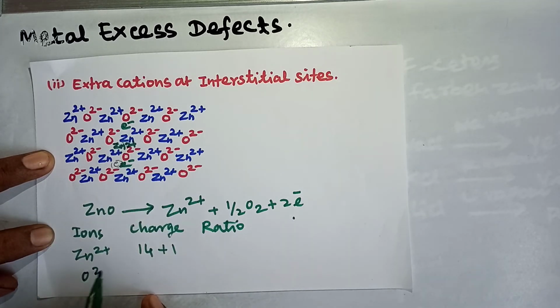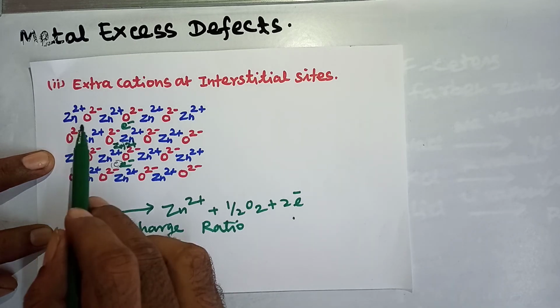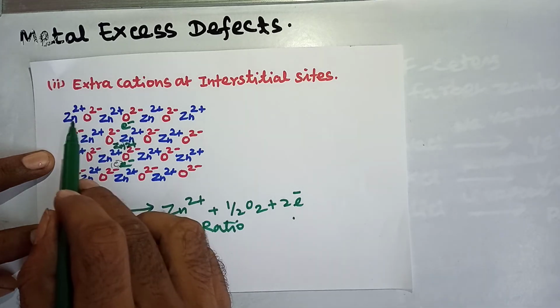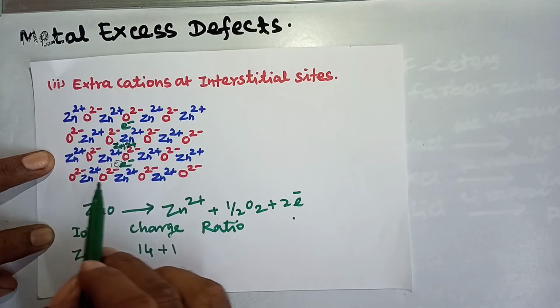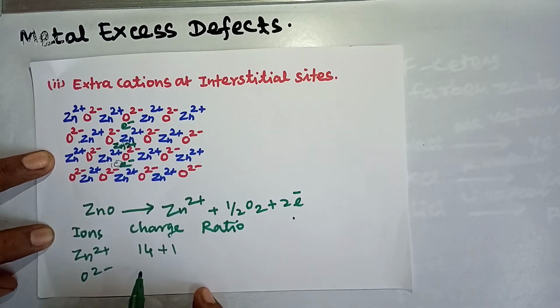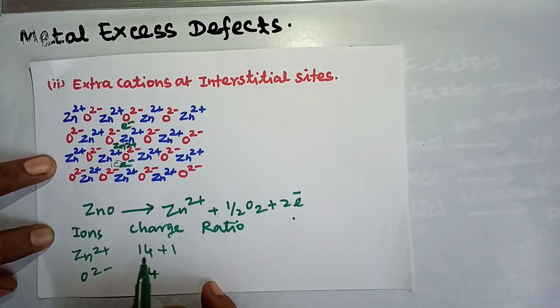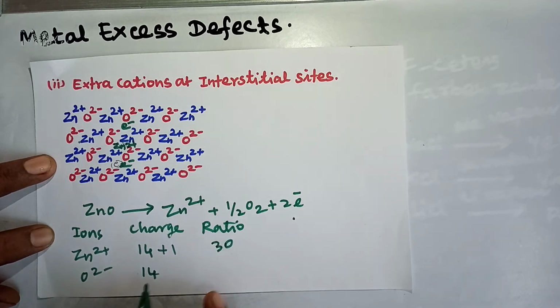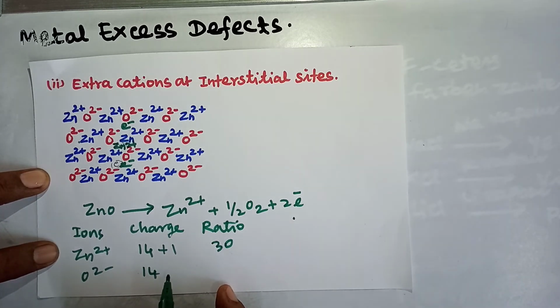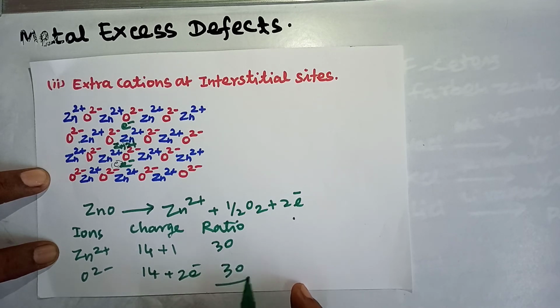Here O2-: 1, 2, 3, up to 14, so 14. Total ions 29, and the charges: 30 from cations, and 28 plus 2 electrons, so 30.